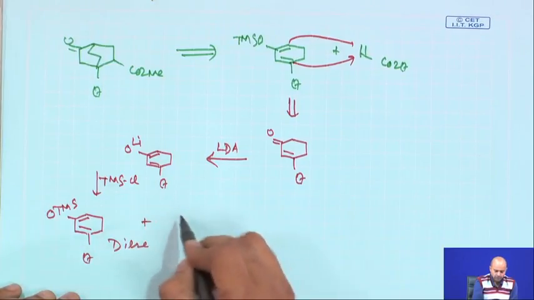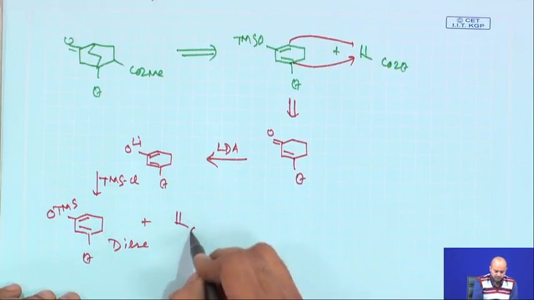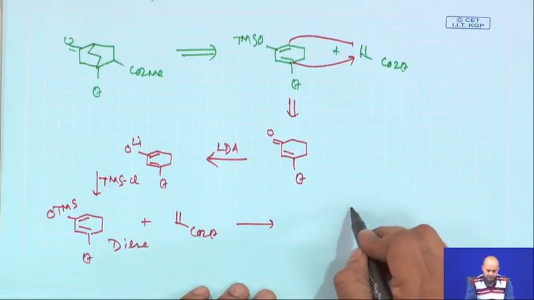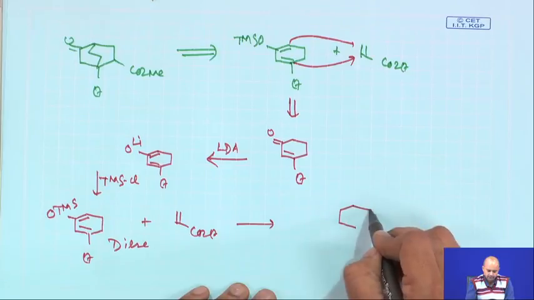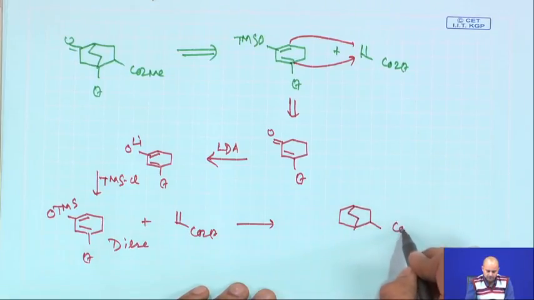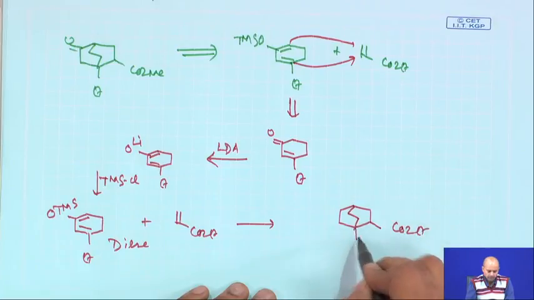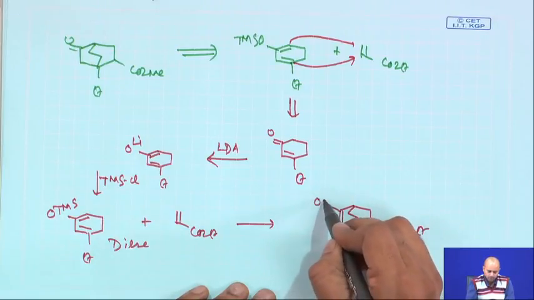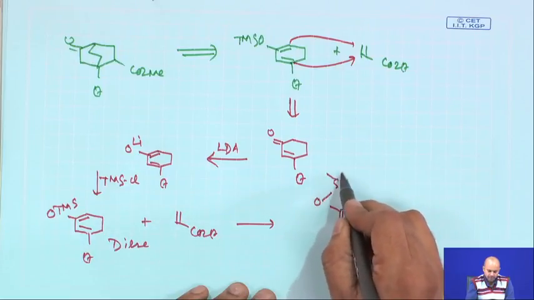Now you react it with ethyl acrylate in a 4+2 fashion. So, eventually what will you get? The bridged structure I will write in this fashion: you get this CO2Et, you get this ethyl, and you get a double bond with this OSiMe3.